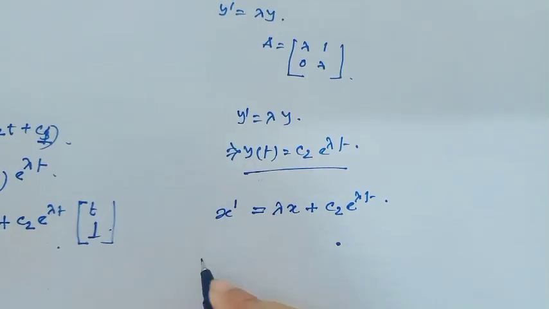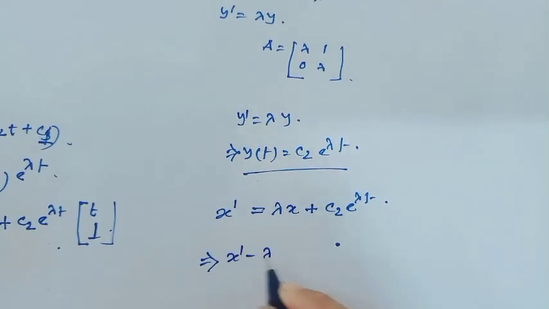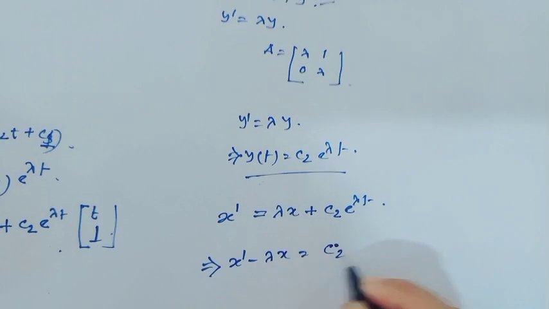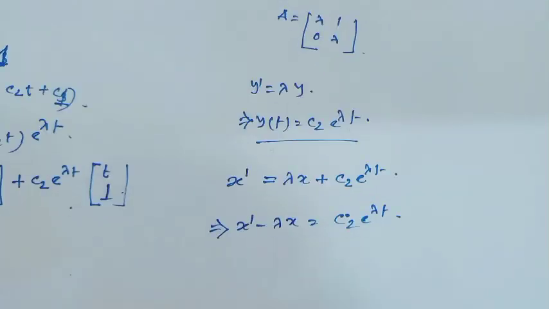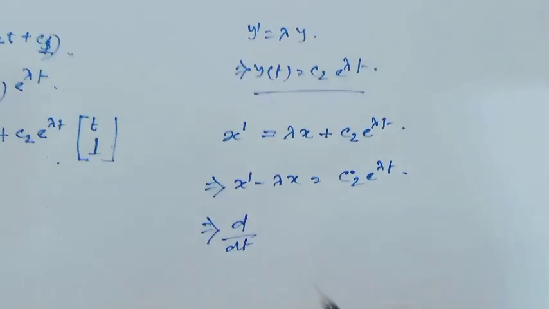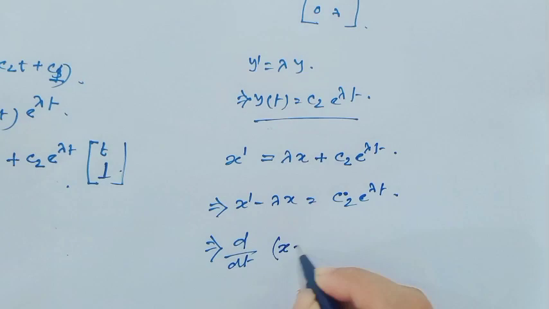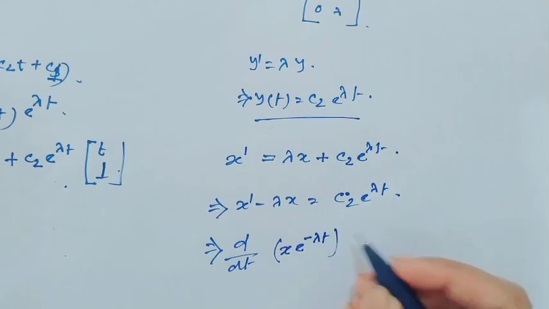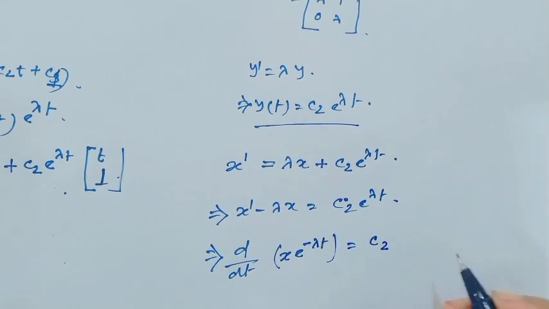That implies x dash minus lambda x equals c2 e to the power lambda t, that implies d/dt of (x e to the power minus lambda t) equals c2.